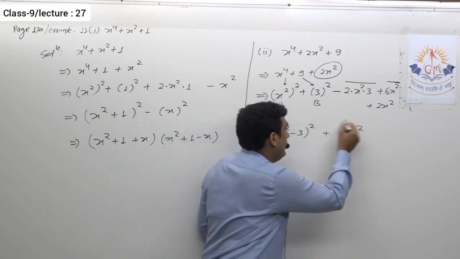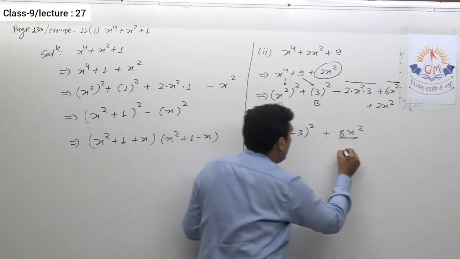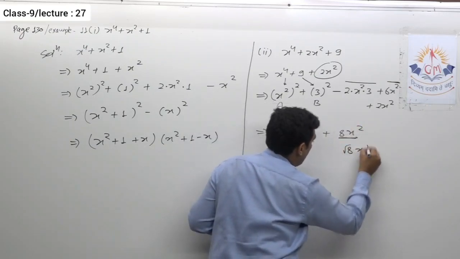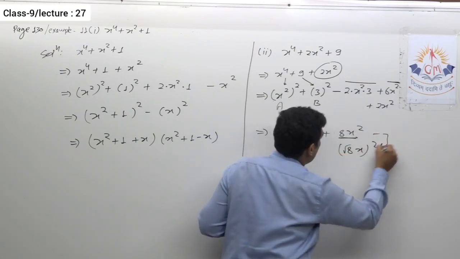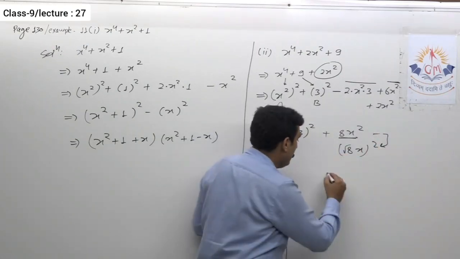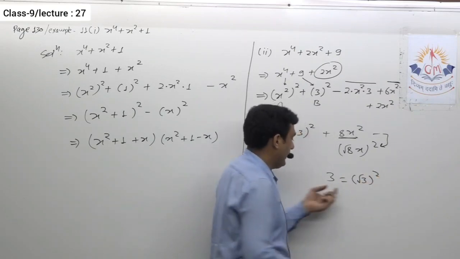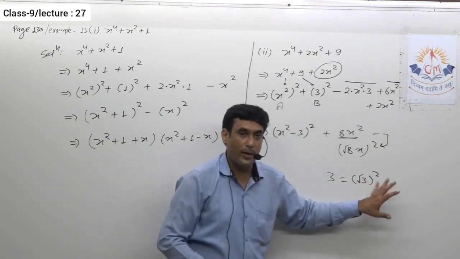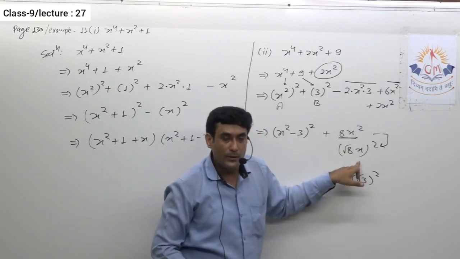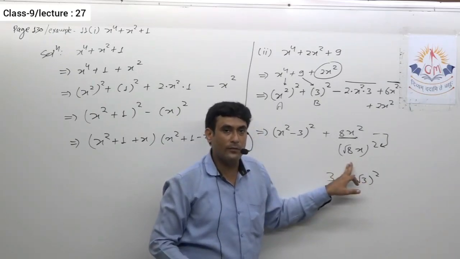For a while, even though it is not a complete square, we can write this like this, root 8 x whole square. It is still possible to write in the form of a complete square, isn't it? Even if I have root 3, I can write root 3 whole square. That means every term can be written as a square. No doubt it is not a complete square, but still it is possible to write in the form of a square.